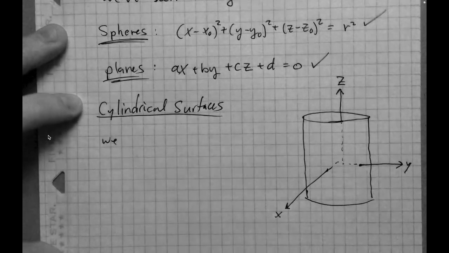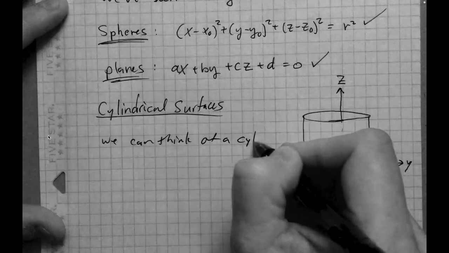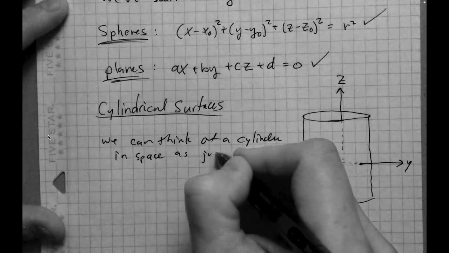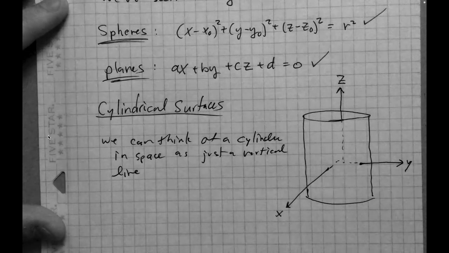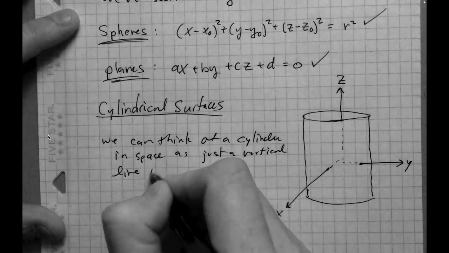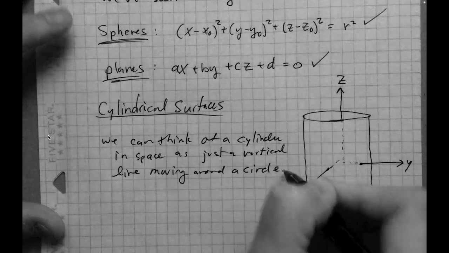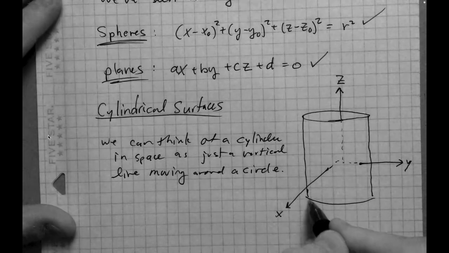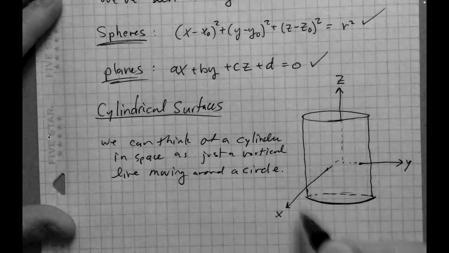So we can think of a cylinder in space as just a vertical line moving around a circle. Take the most simplistic kind of cylinder: you've got some circle down here, and let's imagine this circle lies in the xy plane.